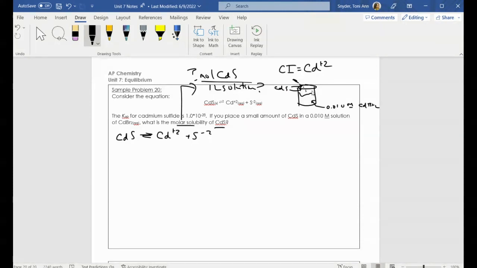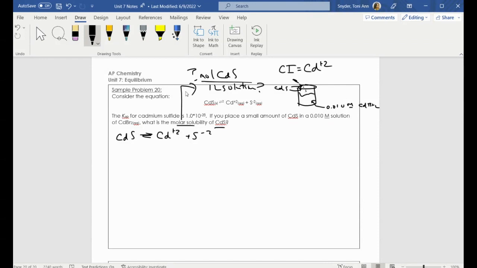So I'm starting off with the 0.01 molar cadmium bromide, and I want to know how that common ion is affecting the solubility of cadmium sulfide. I should know that I should precipitate more cadmium sulfide because my cadmium bromide already has a higher concentration of cadmium ions in it.